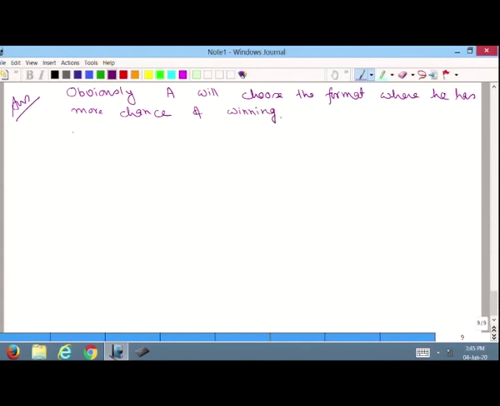So, let us compute the probabilities that A will win the tournament for both the options.